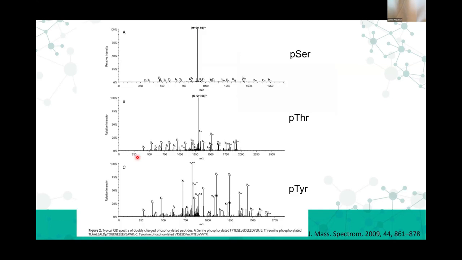The spectra here show some of the difficulties when we fragment these peptides. These are 3 different phosphopeptides, the top one with a phosphoserine, the next one with a threonine, and you can see there's one major peak, and it's from the loss of the phosphate. You're losing a phosphate and it's pulling a hydroxyl group off of the side chain of the serine or threonine.